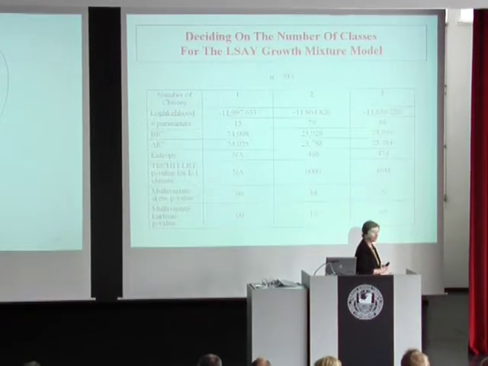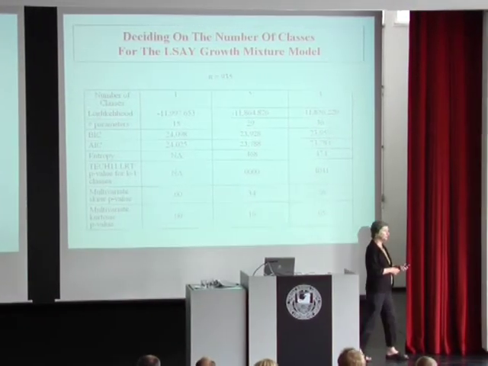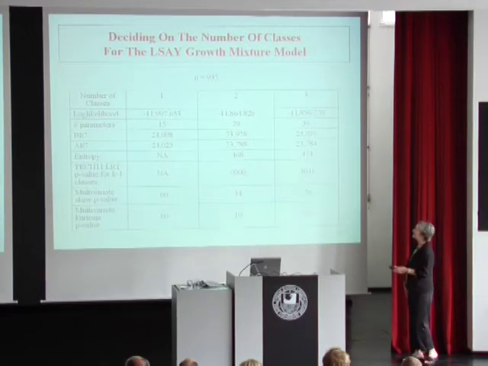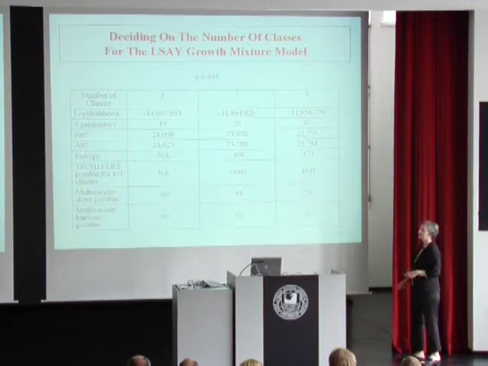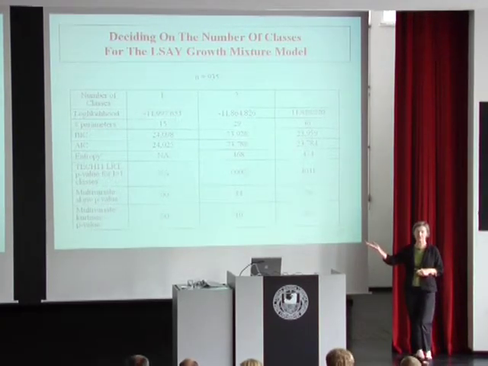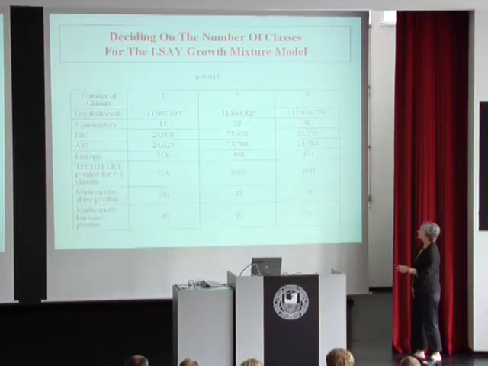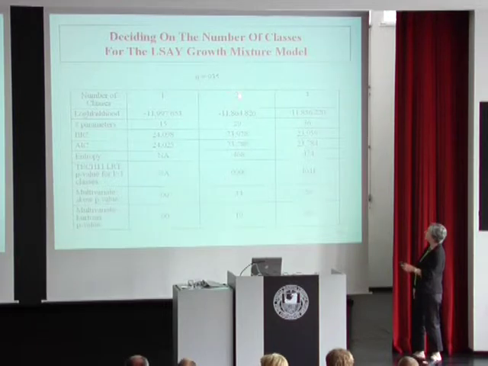Now here's a table, much like the tables we've been looking at for the last couple of days, where we're trying to determine the number of classes for the model on the left screen. We have estimated a one-class model, a two-class model, and a three-class model.